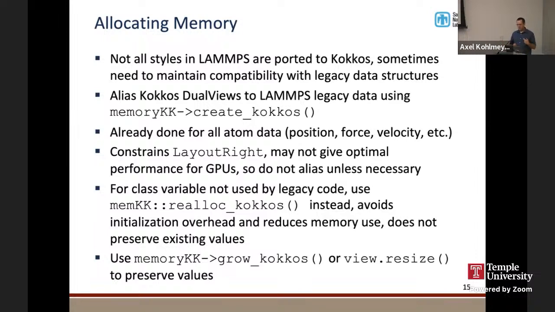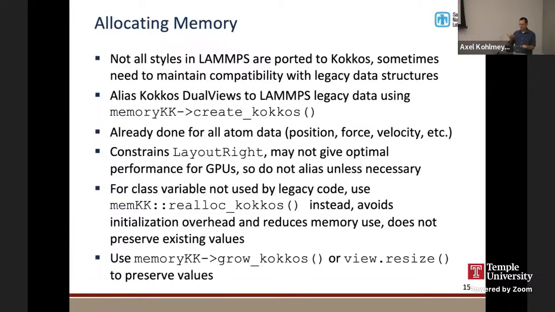So if you want to dump out positions in a dump file, we haven't ported the dump file code to Kokkos, and so that has to interface with Kokkos views. The way that we do that is we alias the pointers of a dual view to the LAMMPS legacy data structure.